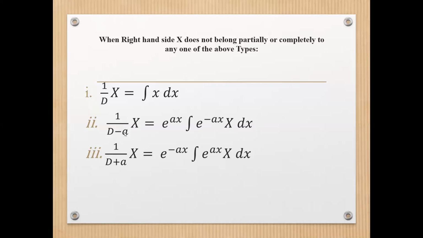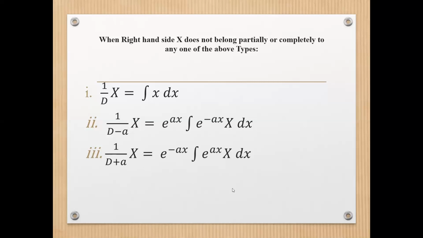Suppose a is equal to 3 and capital X is equal to sin x. What is the formula? a is 3 and capital X is nothing but sin x. How will we get it? e raised to 3x integration e raised to minus 3x into sin x dx. So 1 upon D minus 3 of sin x is nothing but e raised to 3x integration e raised to minus 3x sin x dx.